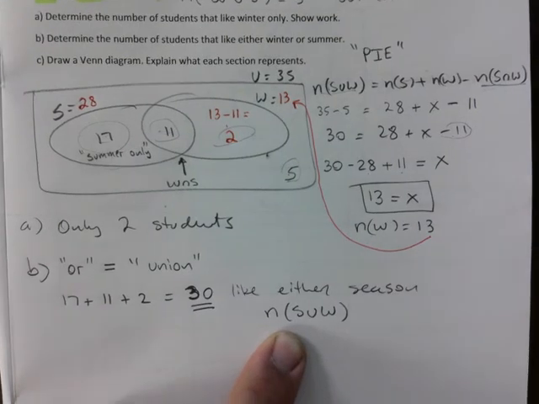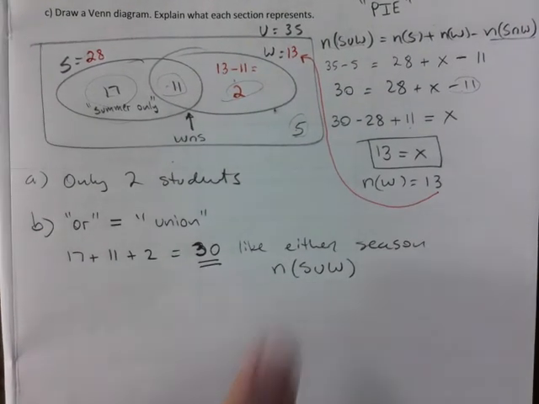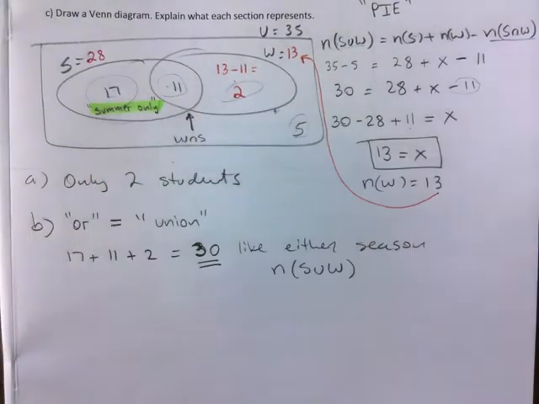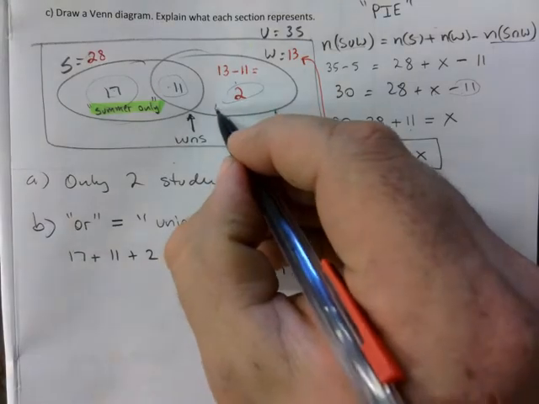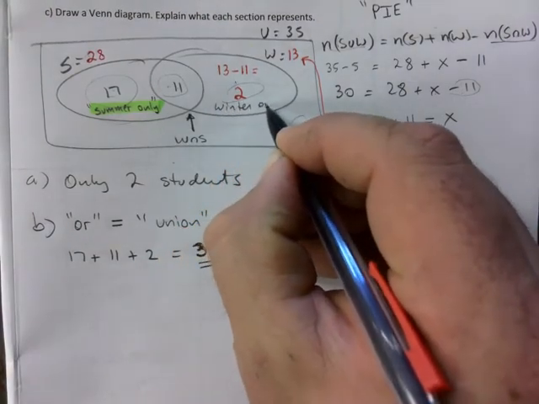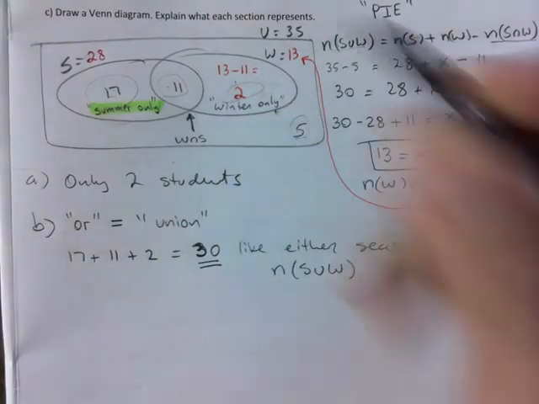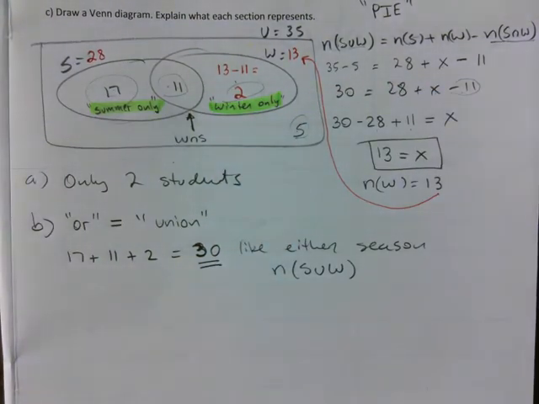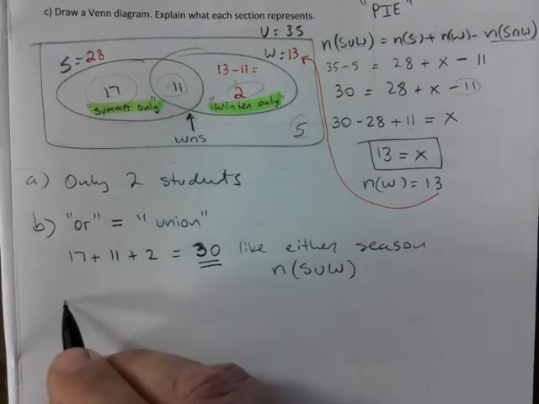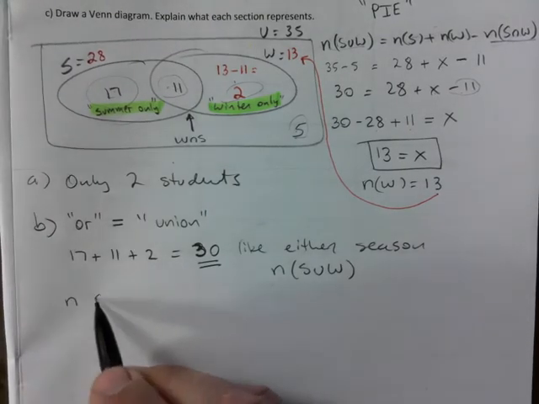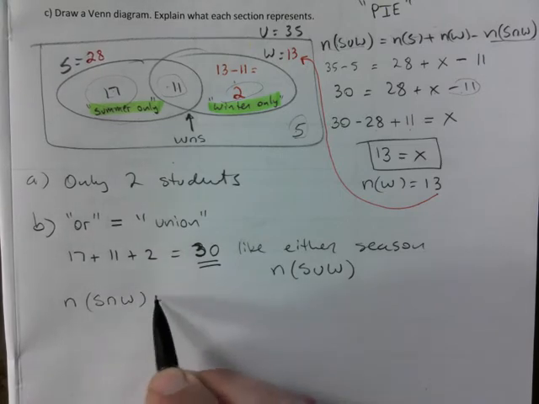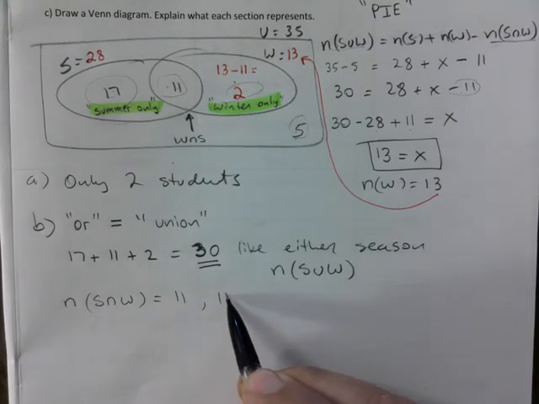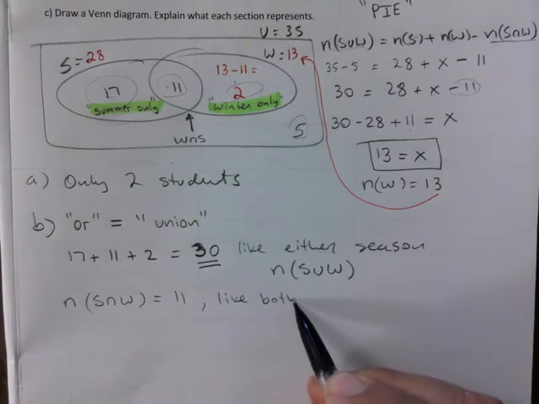Okay, draw a Venn diagram and explain what each section represents. How about we do it right on there? Summer, like summer only, and then winter only. Normally, I wouldn't want you to write in there, but I already started it. And then N of S and W, okay, that is 11, like both seasons.